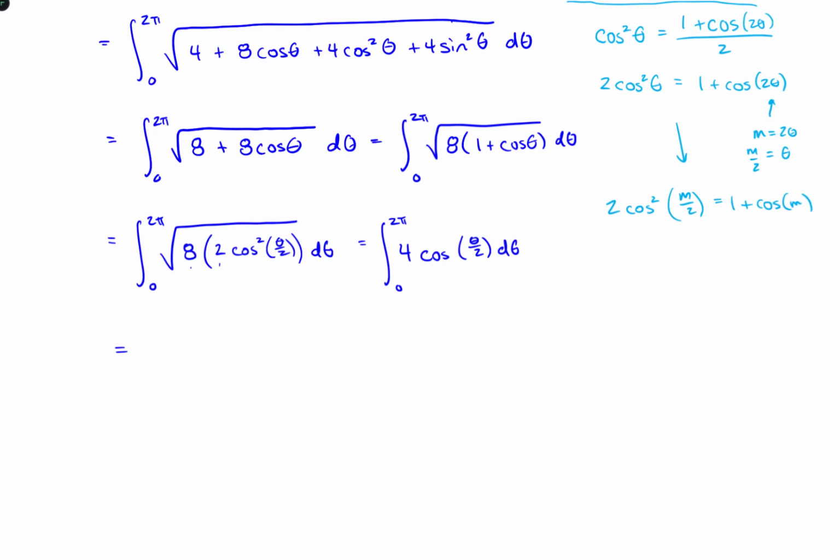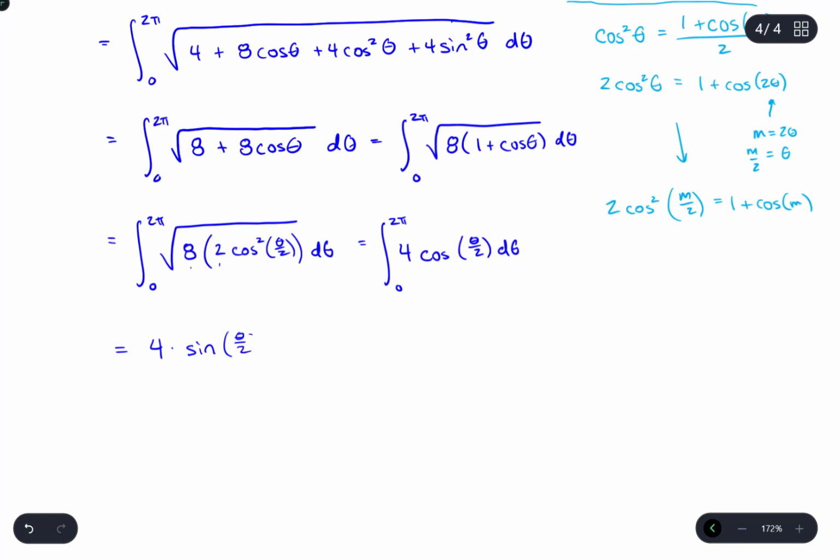So if I find the antiderivative of 4 cosine theta over 2, of course the 4 can come off to the side. When you integrate cosine, that results in sine. So I'm going to have sine of theta over 2. But then you divide by, like if it was cosine 2 theta, you would divide by 2. So in this case, we're going to divide by 1/2, which is the same thing as multiplying by 2.